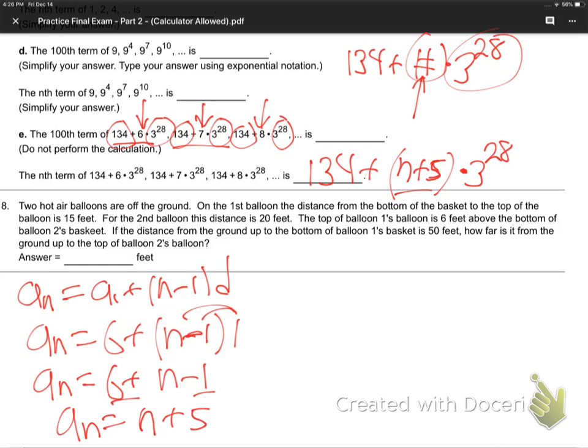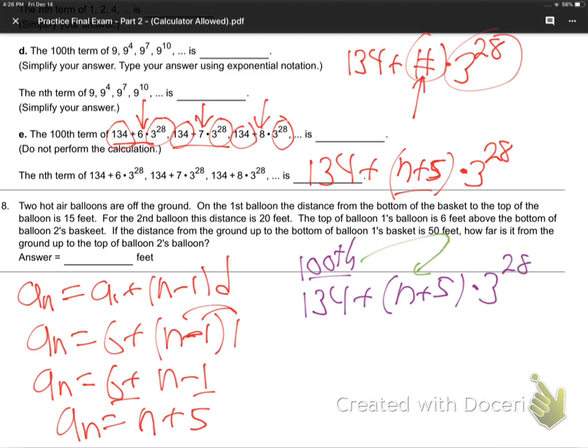And last step, how do we find the 100th term? We just take that 134 plus n plus 5 times 3 to the 28th, and we put the 100 in right there for n.